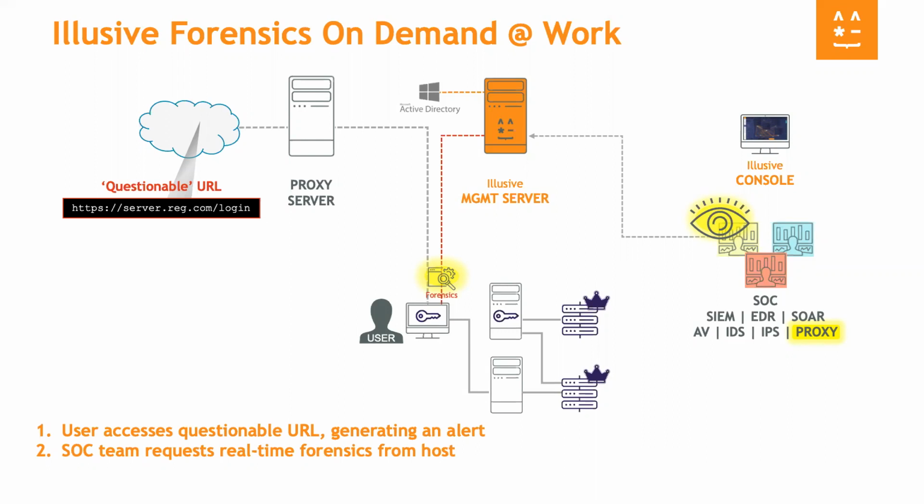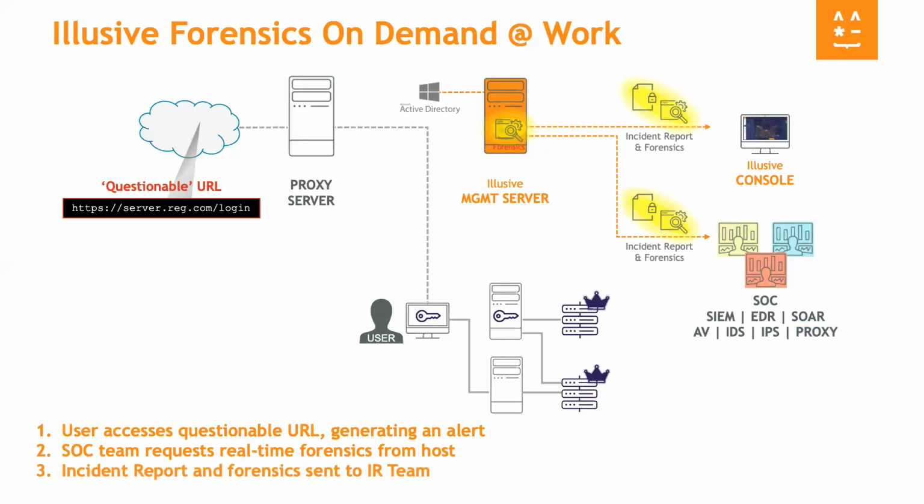We'll conduct that forensic in real time. We'll send it through the alert, and through Illusive management, we'll deploy to that endpoint. The forensic data will then come back to Illusive management in order to collect the data, parse the data, and present the data back to you.